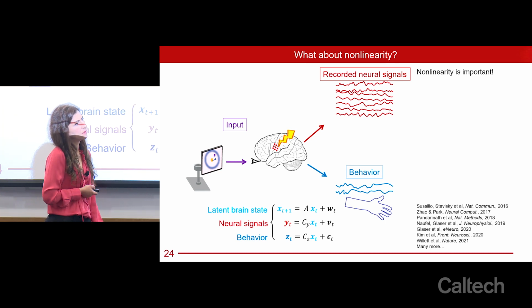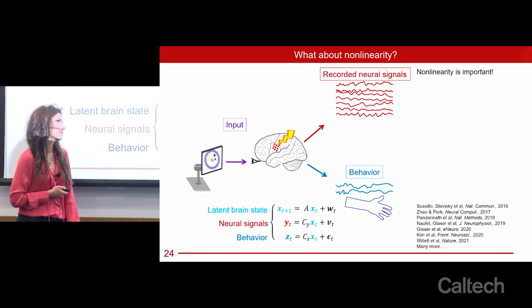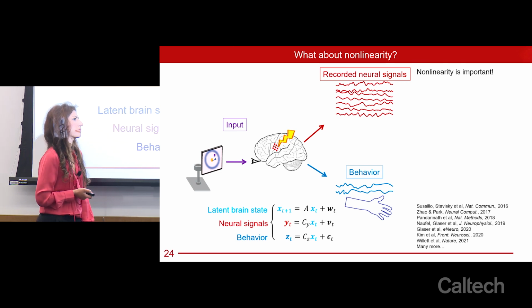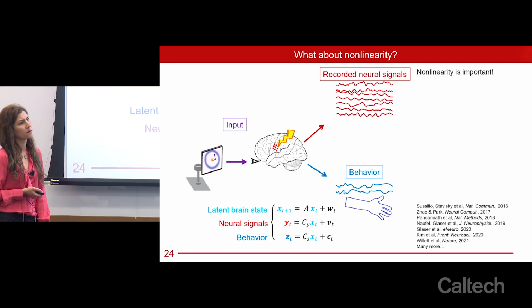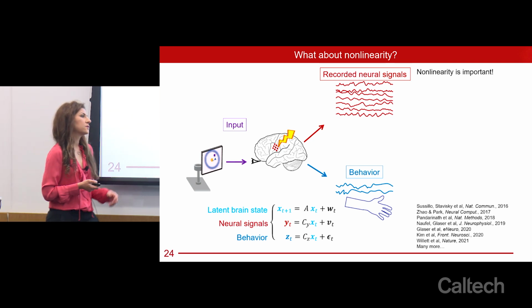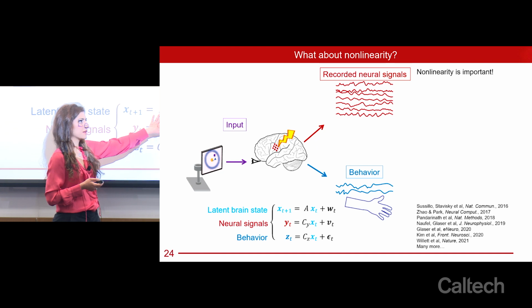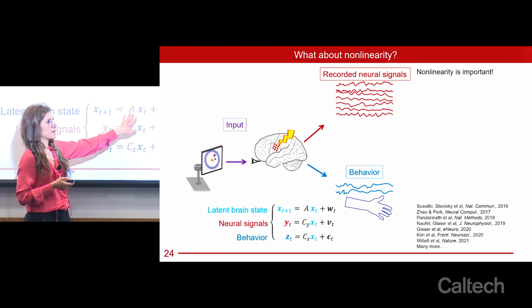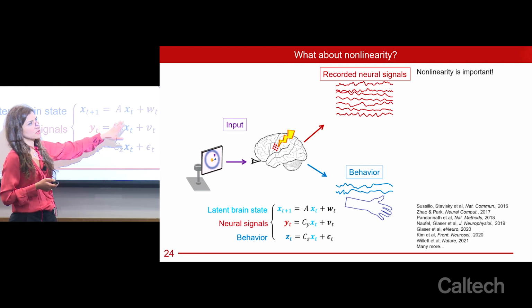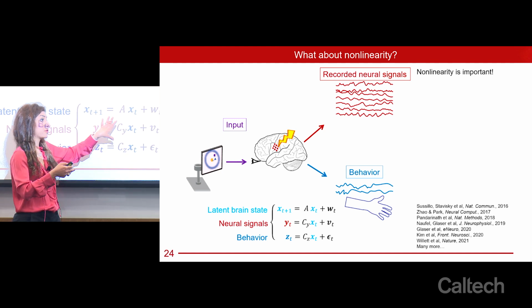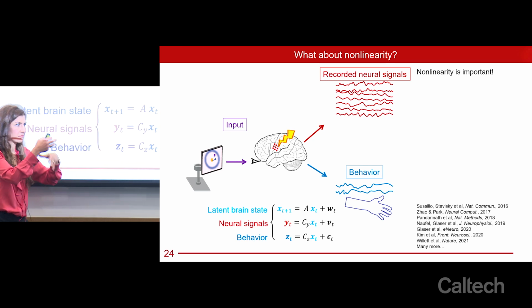Often, of course, behavior comes later than the neural signals, or there's a temporal dynamics there. Is that captured by the temporal dynamics of the latent brain state and the terms that we're perhaps not seeing coupled to the signals? Yeah, so it is possible that by learning the forgetting factor associated with this A matrix, and in particular the Kalman gain, once you write down this state space model in predictor form, you have this Kalman equation.